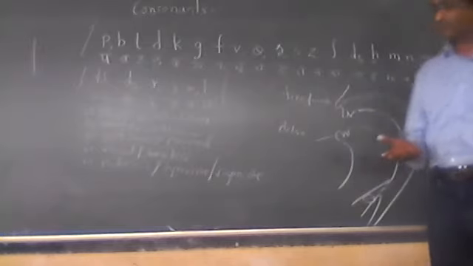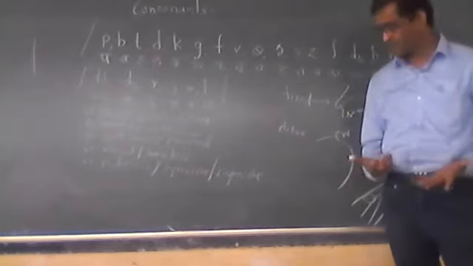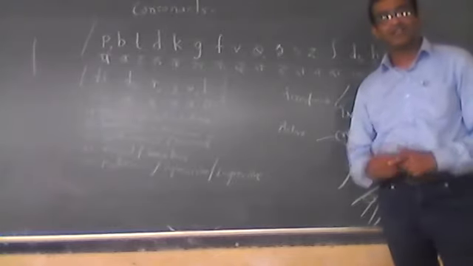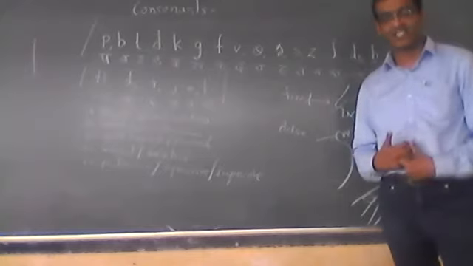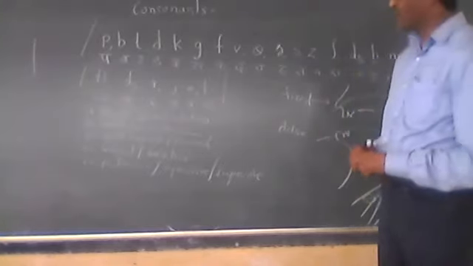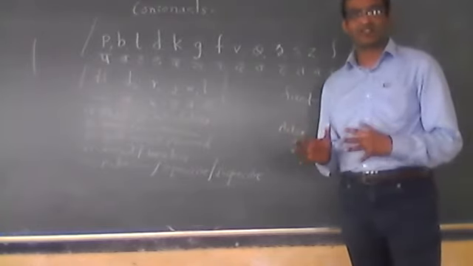Egressive means the air comes out freely from the lungs. Ingressive stands for air that is drawn into the lungs. In such a way, we have to describe the consonant sounds.